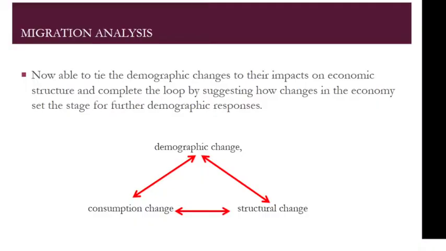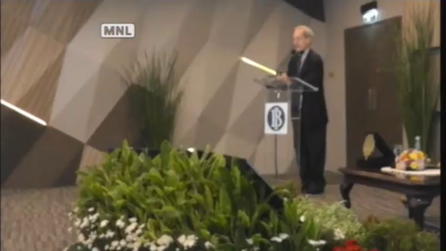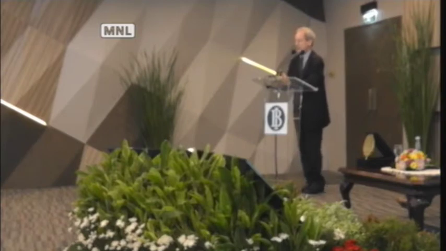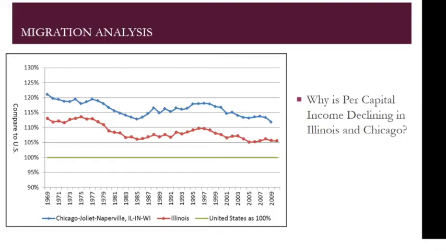How is that consumption changing as a result of the aging in the population, or a different mix of people coming into the region over time? So look at the analysis that we've done for Chicago. What we've seen over time is that our per capita income in both the state of Illinois and Chicago has been declining.